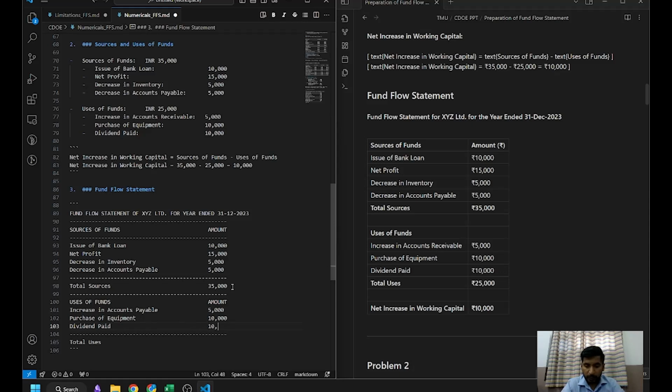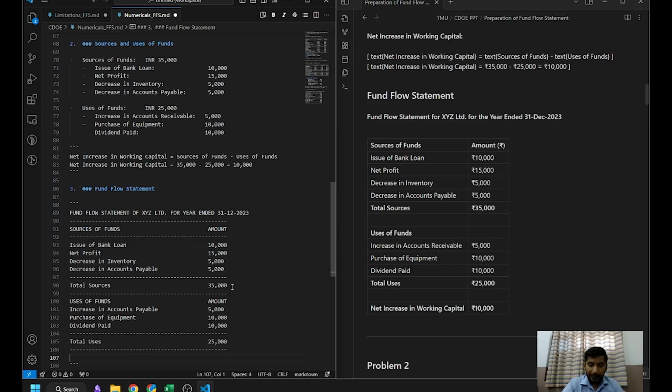Dividend paid is again rupees 10,000, making it the total usage as 25,000, resulting in a net increase in the working capital by 10,000.